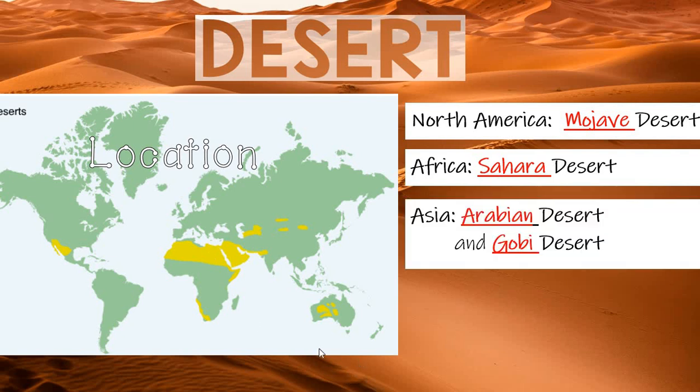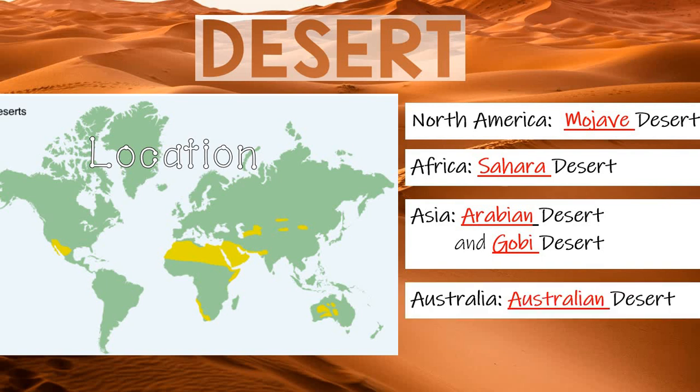In Asia, there's a number of different deserts. The Arabian Desert is right here in the southwestern part. And then on the eastern side, we have the Gobi Desert. And Australia has a number of different smaller deserts, which altogether we just simply refer to as the Australian Desert.